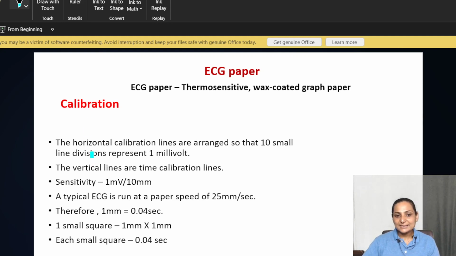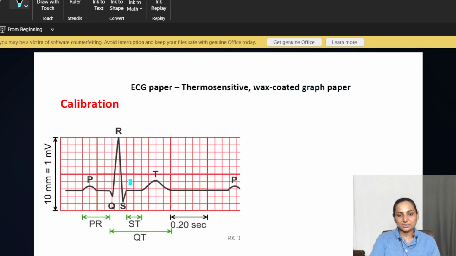So I'll be repeating this again. It is a thermosensitive wax coated paper, and the speed of the ECG paper is calibrated at 25 mm per second. So on the x-axis 1 mm will be 0.04 second, and on the y-axis 1 mm will be 0.1 millivolt. So this is how the ECG looks like.